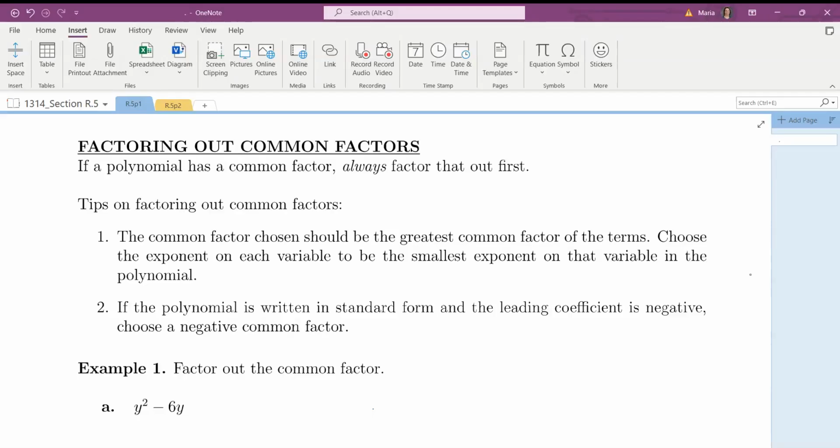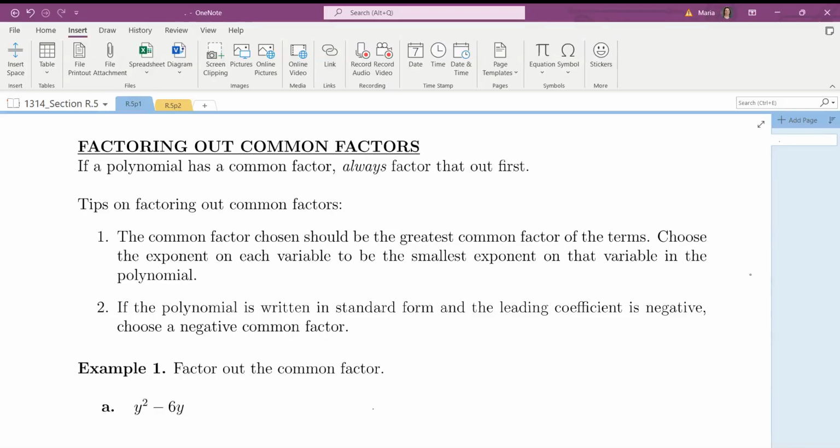First, the common factor chosen should be the greatest common factor of the terms. Choose the exponent on each variable to be the smallest exponent on that variable in the polynomial. Another tip, number 2: if the polynomial is written in standard form and the leading coefficient is negative, choose a negative common factor. Okay, so if you're not quite sure what these tips said, hopefully by doing example 1, you'll get the hang of it.